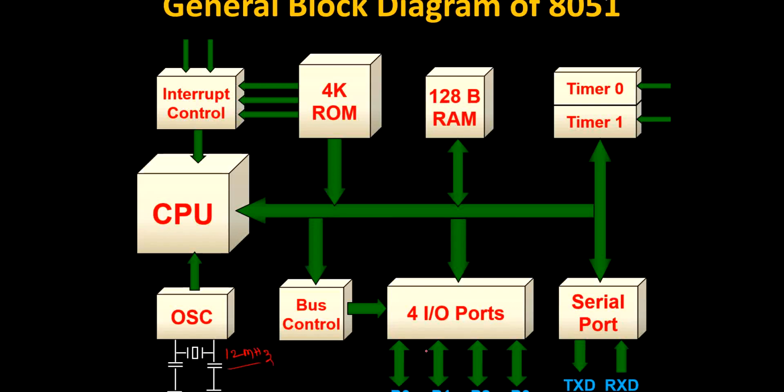We have the 4 IO ports P0 to P3, each 8-bit as we learned, and the serial ports, transmitter and receiver, and timer 0 and timer 1.